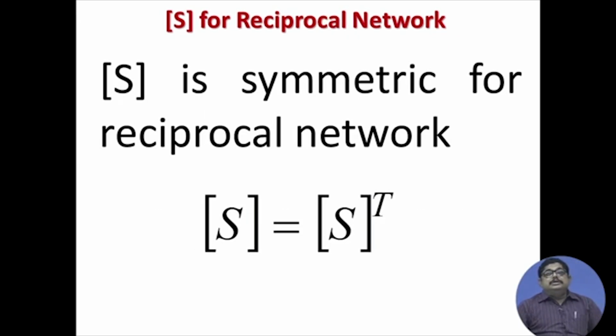Now, many times we see that a network is reciprocal, mainly if we do not use any non-reciprocal device. One of the very popular non-reciprocal devices is ferrite. So, if ferrite or other such non-reciprocal special materials are not used, most passive devices are symmetric or reciprocal networks. If they are reciprocal, the scattering matrix becomes symmetric.